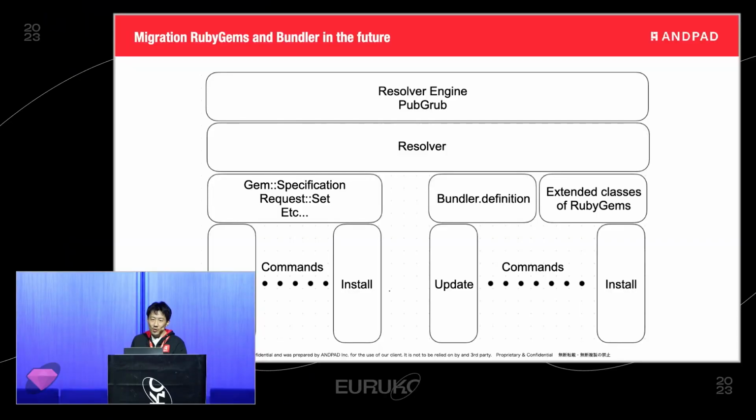So I would like to make RubyGems use PubGrub, same as Bundler. And we should maintain one resolver for RubyGems and Bundler in the future.